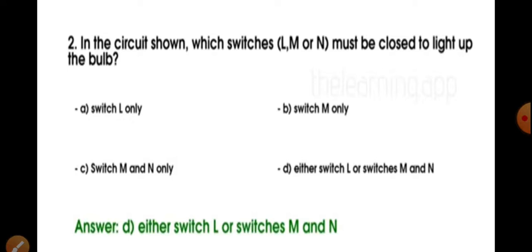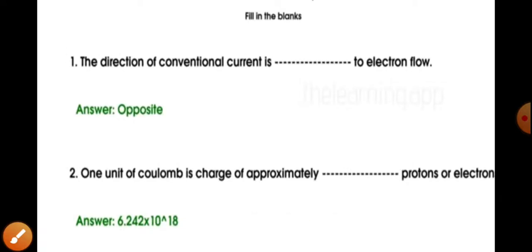Either switch L or switches M and N. So if we close any one of them, the bulb will light up. So the answer is option D.